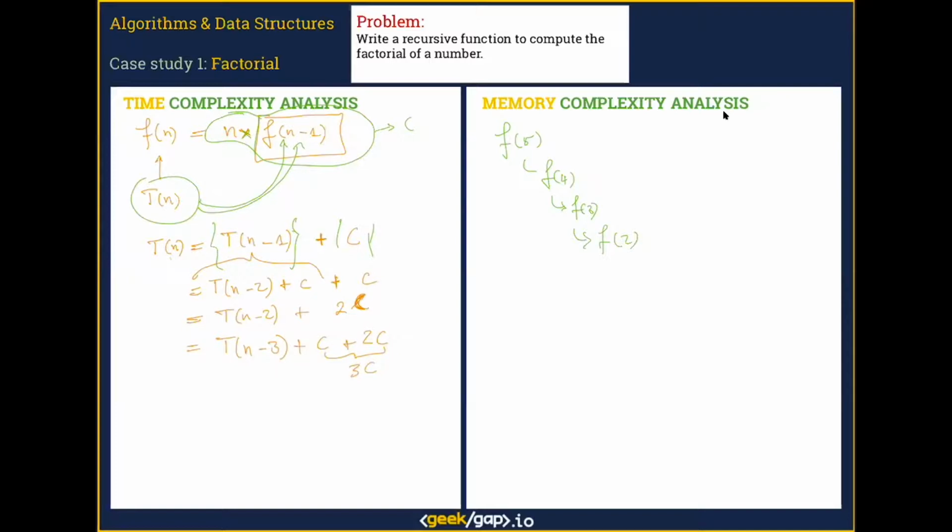And now if I follow these steps, at some point I'll reach t of n minus n, because I'm increasing up to some point.